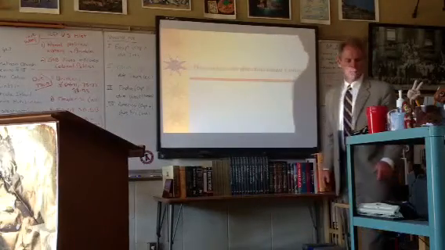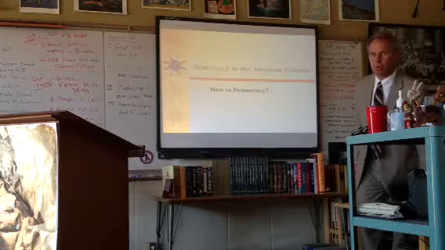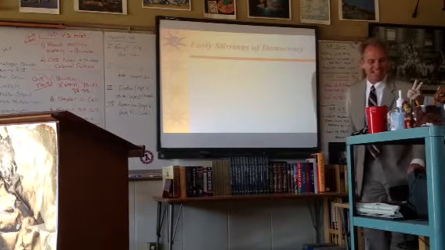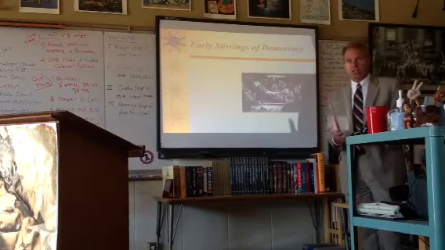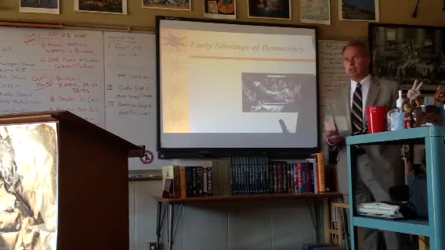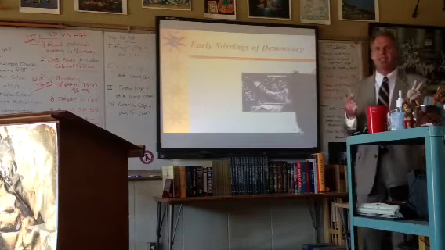And that democracy in the American colonies, that how-to democracy question, can be seen very, very early on in the early stirrings of democracy. And even shown in the picture is where we first see it.